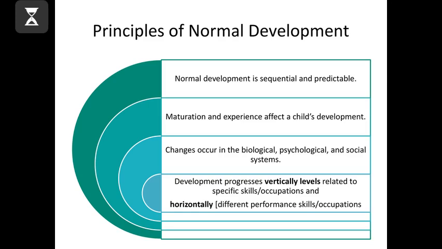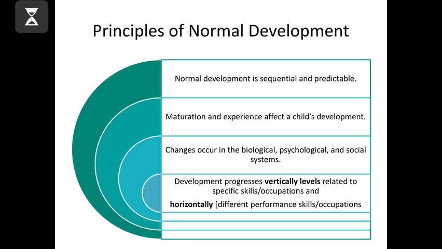So, the example the text gives, infants who are typically developing acquire head before trunk control. That's an example of vertical development because the area is motor control. Head and trunk control are important for them to sit independently. After children have those skills in motor, they would then develop the ability to roll and sit and creep and walk. So, vertical development is in one performance area.